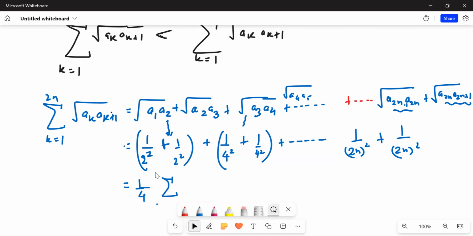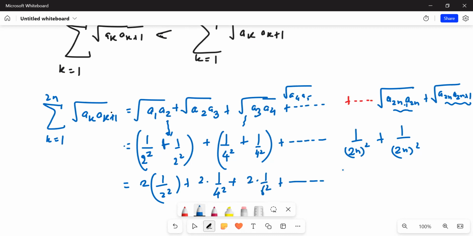Sorry about it. So this is equal to 2 times 1 upon 2 square, fine. Here it is 2 times 1 upon 4 square plus 2 times 1 upon 6 square, and so on, up to 2 times 1 upon 2n whole square.